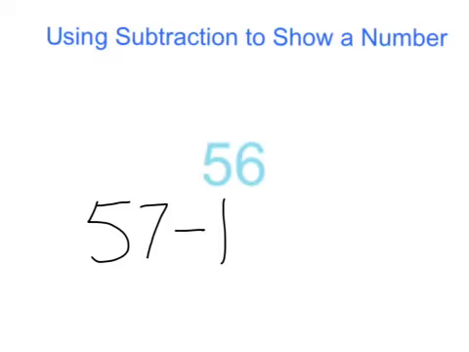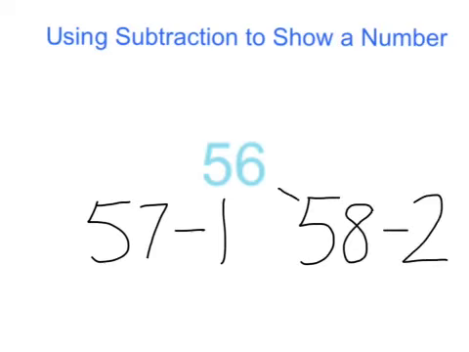I could think of a number that was 2 more than 56, so 56, 57, 58, and take away 2, and that would be a way to show 56 using a subtraction fact. That was a bit of a challenge.